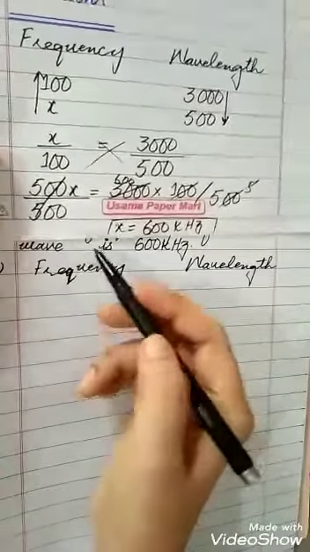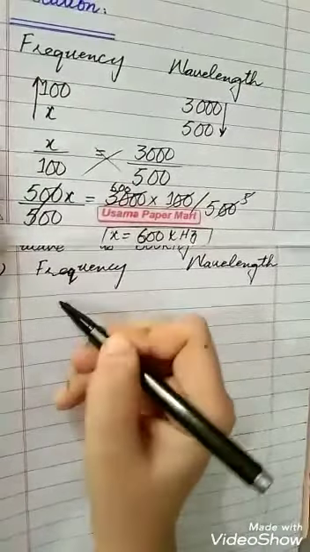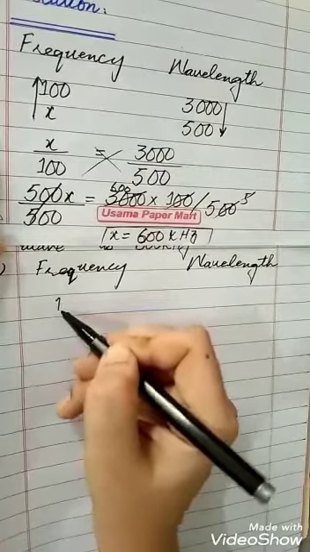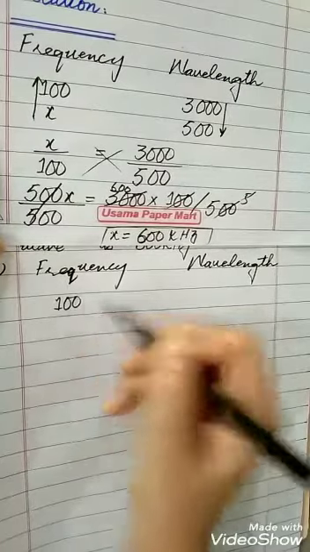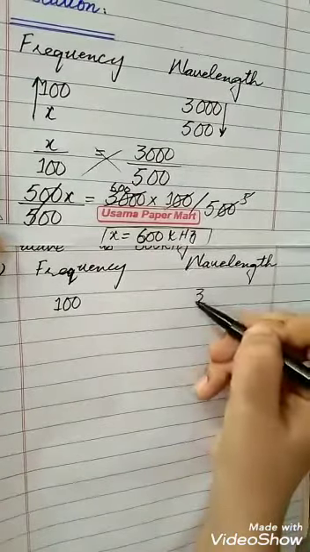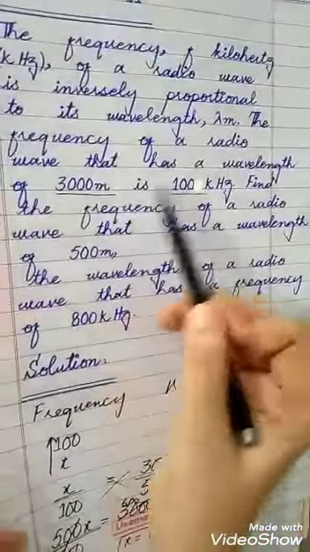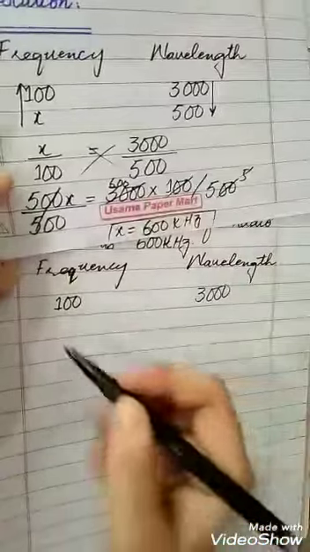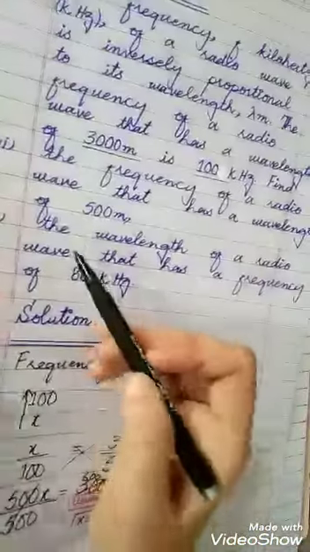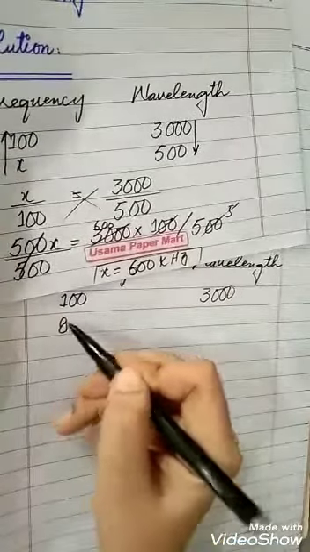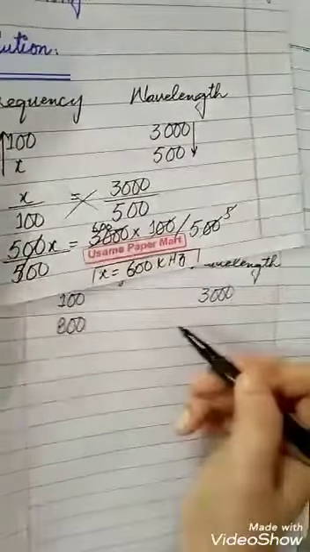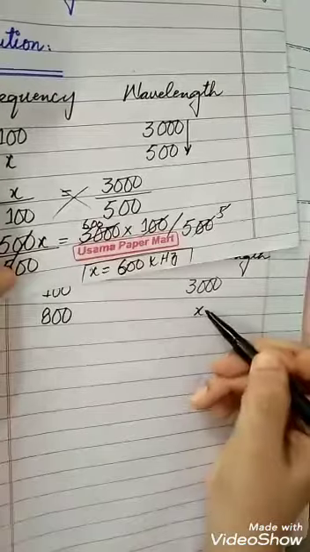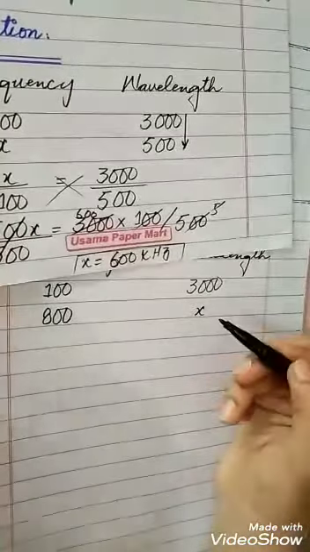The frequency is the same, 100 and wavelength 3000, as these are given here. So now in part 2, frequency is 800 and wavelength is x, because we have to find wavelength.